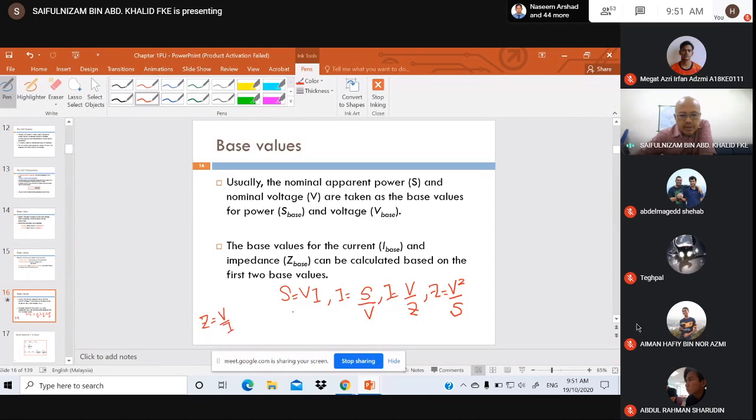So substitute I equal to S over V, then you end up with V squared over S. Okay, use this.